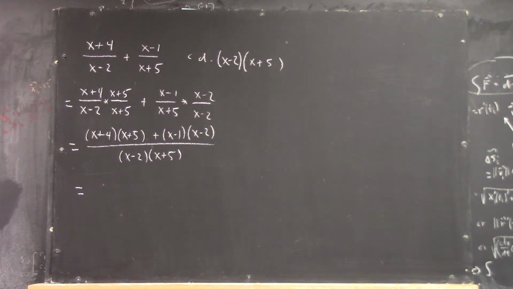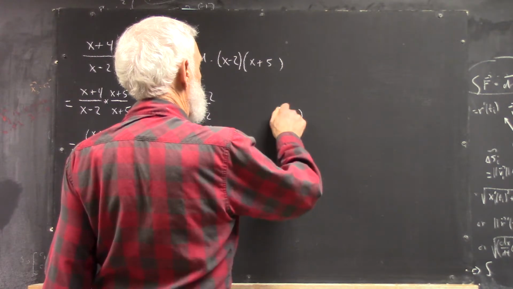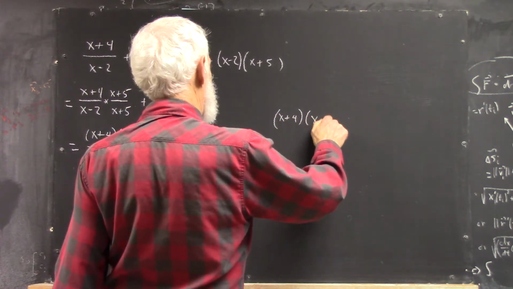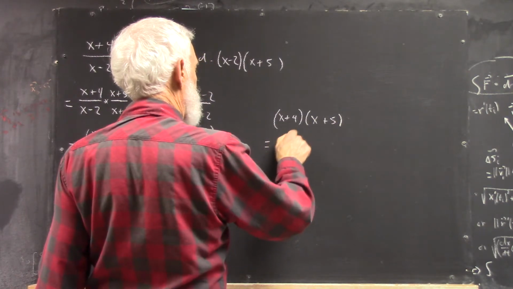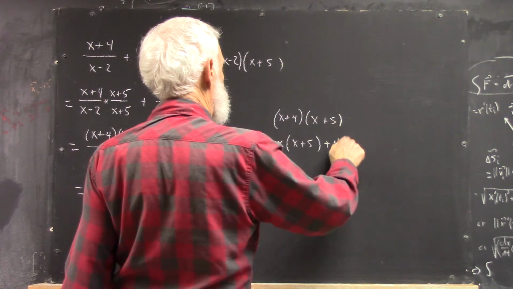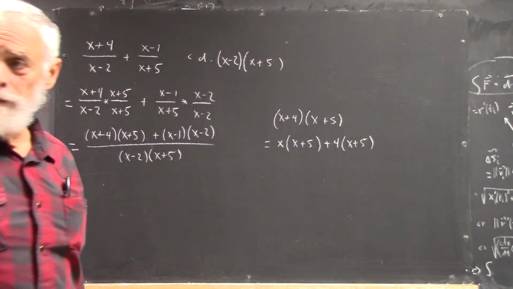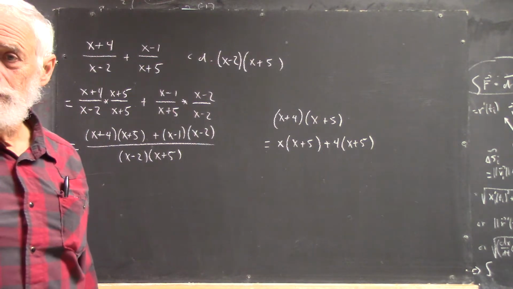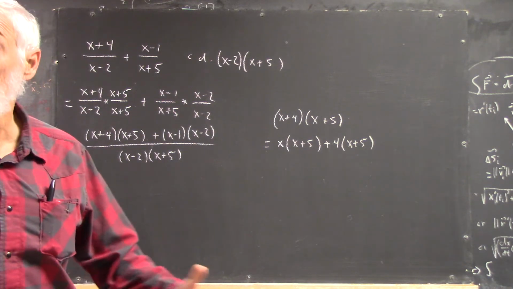Okay, so x plus 4 times x plus 5 equals x multiplied by x plus 5, plus 4 multiplied by x plus 5. What rule did I use? Distributive law of multiplication over addition.